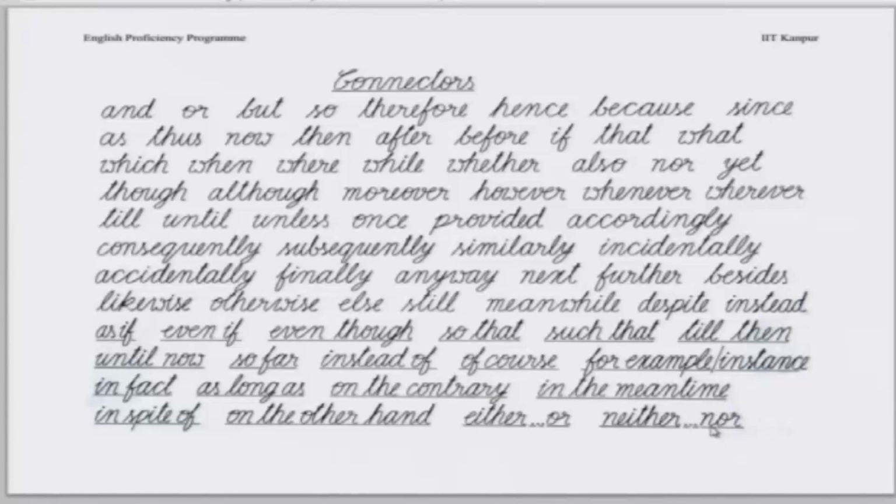Okay. Either or, neither nor. Sparsh, you know the use of this? Give an example in which either or will come. I like either math or... No, no, no. You cannot do that. You cannot like either math or physics.